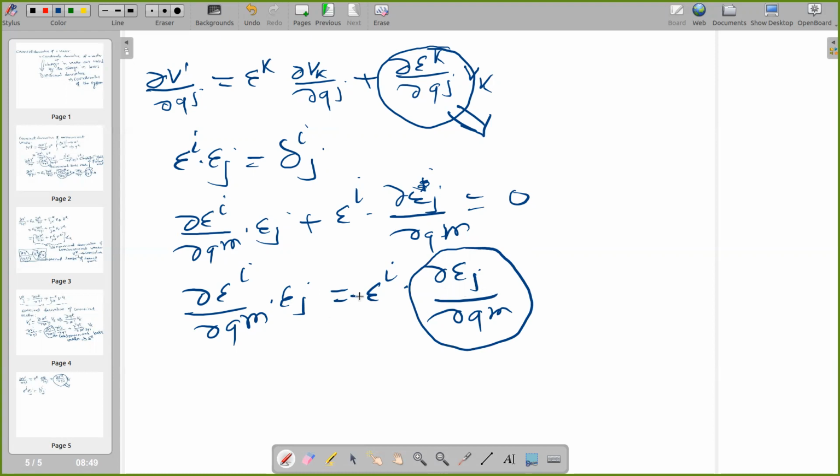We have this relation in terms of Christoffel symbol. This is minus epsilon i. So when you change this relation in terms of Christoffel symbol, L mj epsilon L. Here this epsilon i dot epsilon L is delta iL.